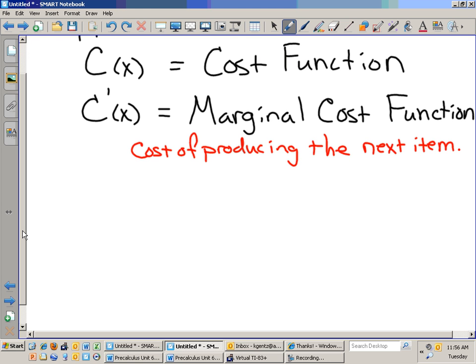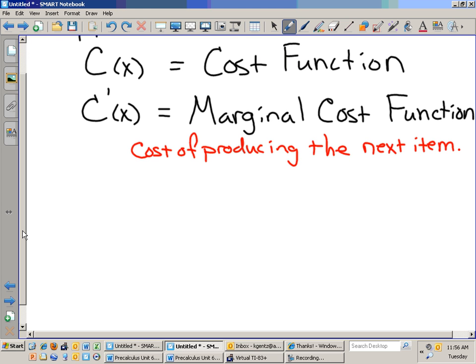Okay, so let's switch gears just temporarily. What you can see here is that C prime is the marginal cost function. That tells us the instantaneous rate of change, which would be the instantaneous slope at that point, which would be the increase for the next item, or the cost of producing the next item.